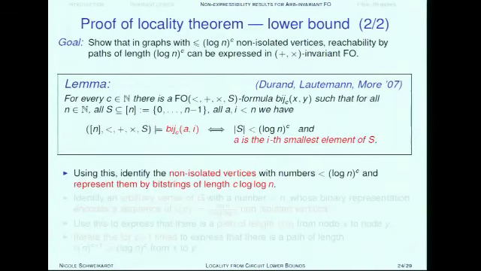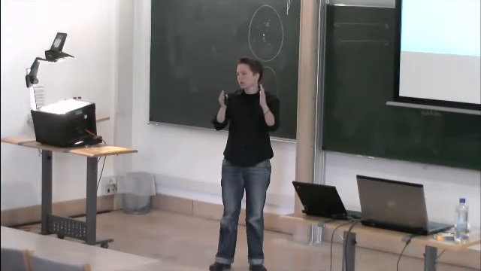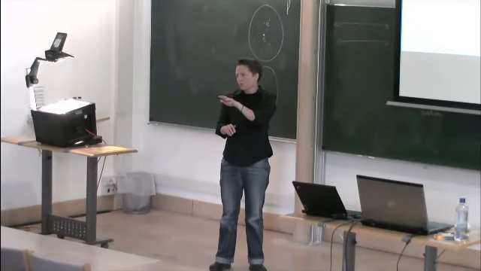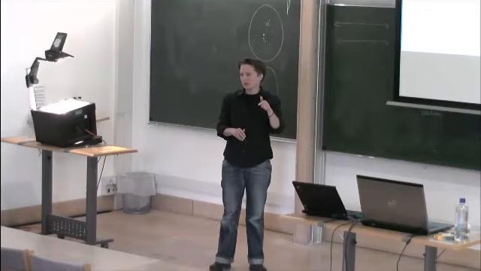So we can use here a lemma of Arnaud Durand, Clemens Lautemann and Malika More that says that with addition and multiplication, or the bit predicate, if you're given a set of elements of polylogarithmic size, of elements between 0 and n minus 1, then in first order logic you can define a bijection which maps the ith smallest element in this set to the number i.